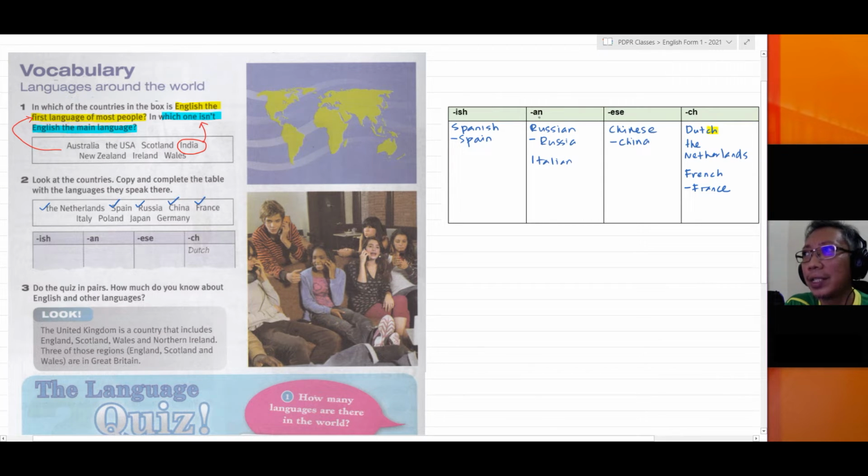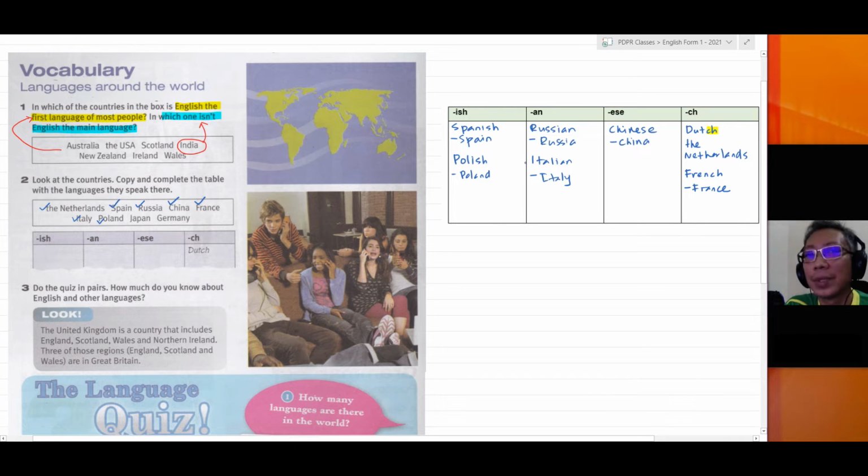So you fill inside the column -an, Italian, spoken by people in Italy. Next, Poland. People in Poland speak Polish, spoken by people in Poland.